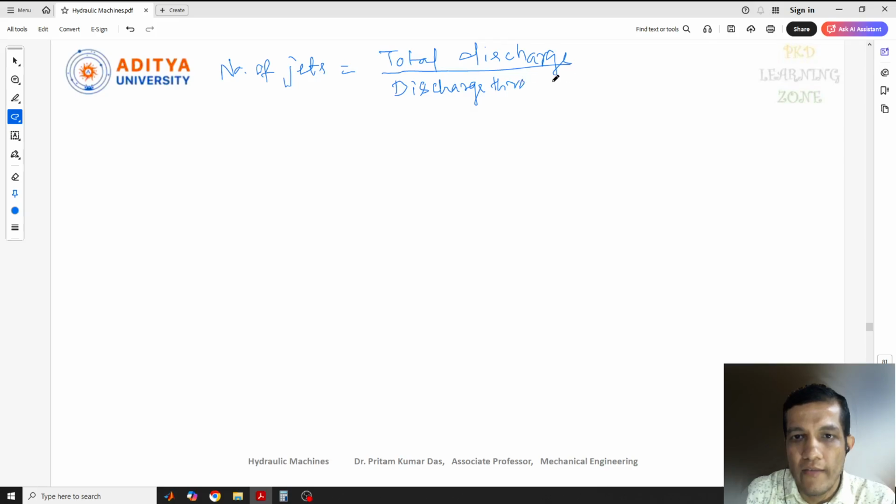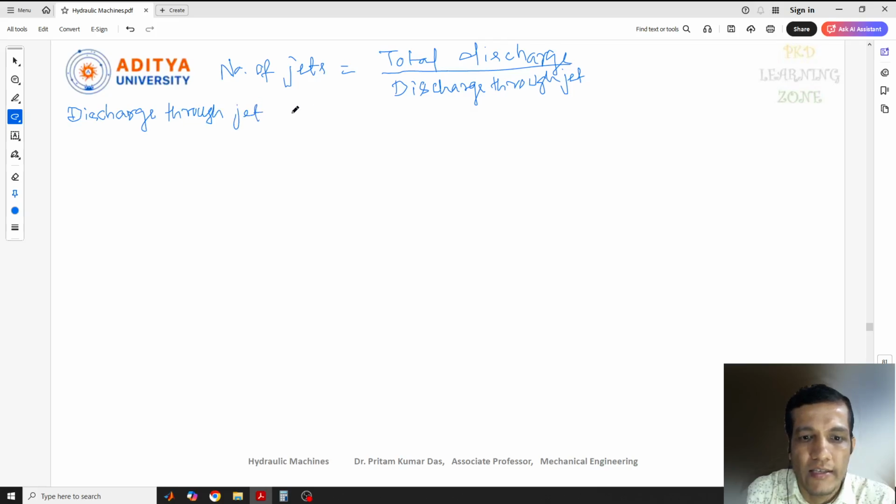That's why I have calculated the area of jets and what is the discharge through one single jet. So we need to find out now this second term, the denominator, that is discharge through the single jet.